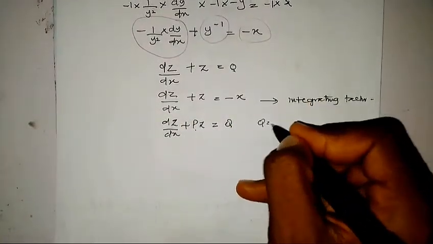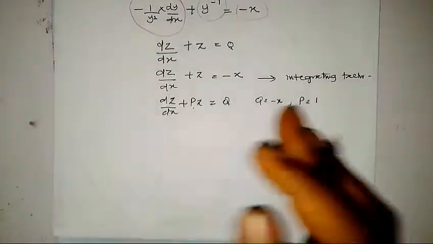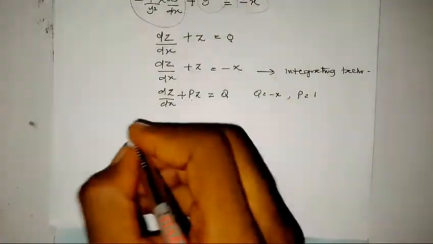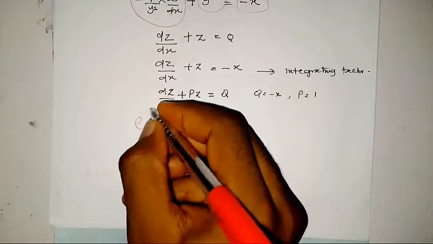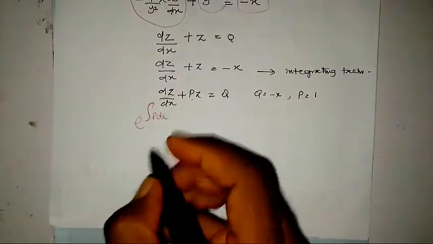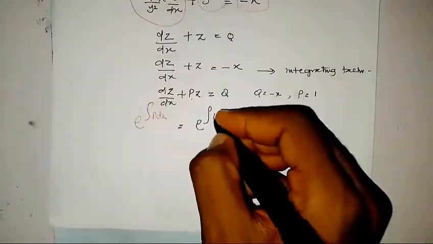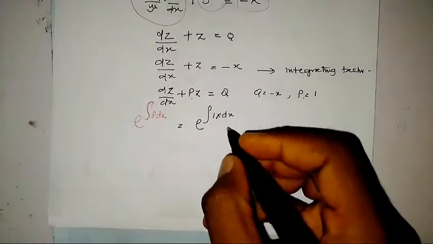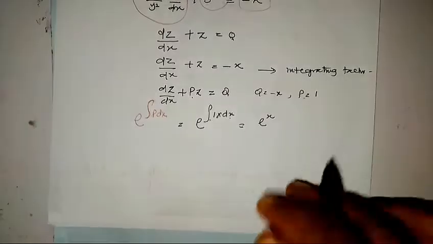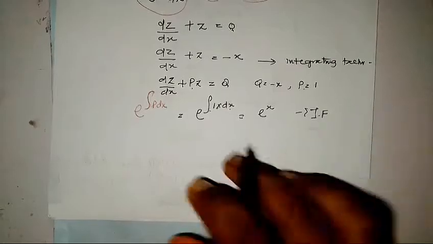We said the integrating factor is exponential of the integral of p dx, which is equal to exponential of the integral of 1 dx. Integrating, we simply have x. So this is my integrating factor, IF.